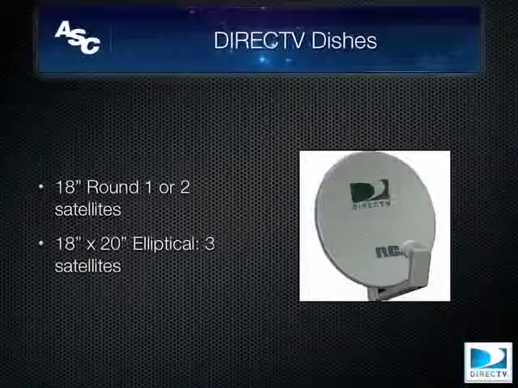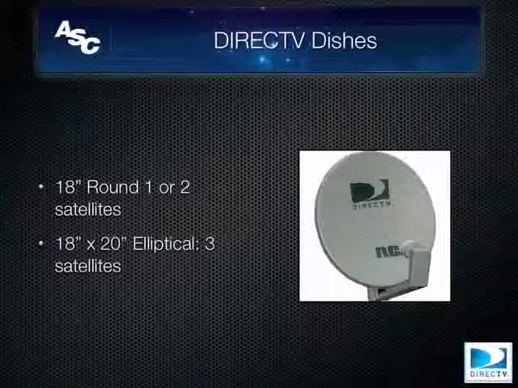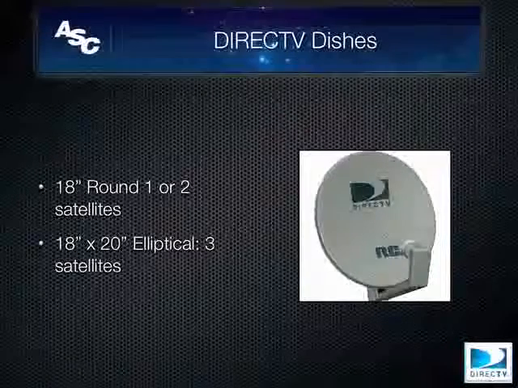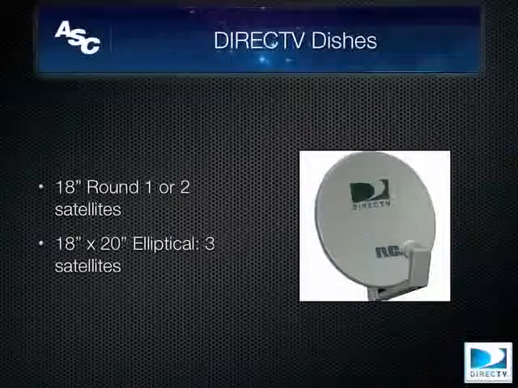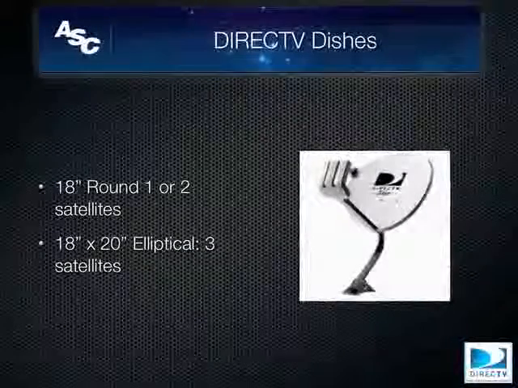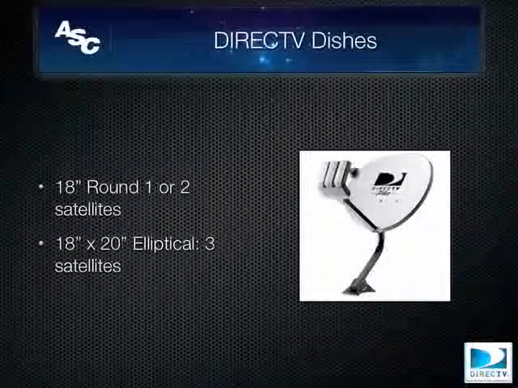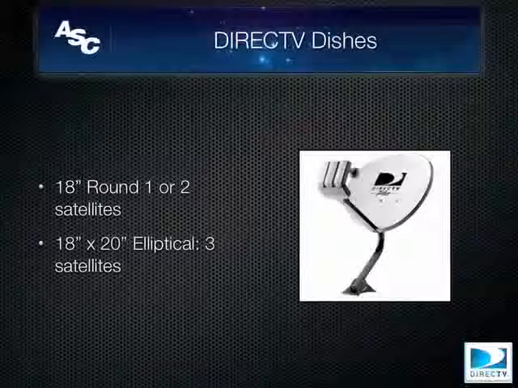What you see on your screen initially here is an example of an 18-inch round dish, which is able to pick up a signal from one or two satellites. That's DirecTV's basic dish. It's the most commonly installed dish. The next type is an 18 by 20 inch elliptical, or three-phase. You see that there are three LNBs that go with that dish.